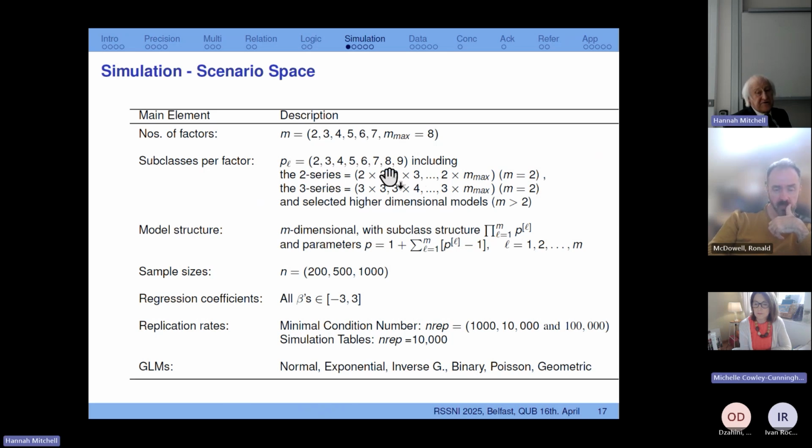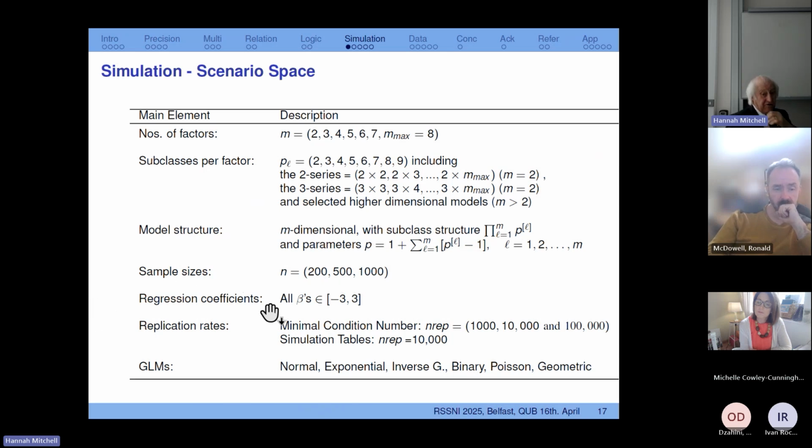I have explored the 2 series up to 8, the 3 series up to 8, and various selected higher dimensional models, M greater than 2. And you have the model structure and the sample sizes. In the simulation, the sample size is 200, 500, 1,000. Clearly, if it's a high dimensional model, sample sizes of 200, even 500 would be very small.